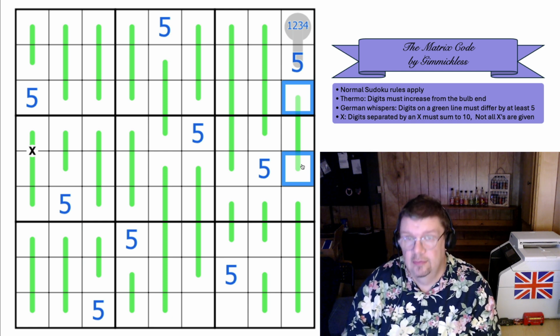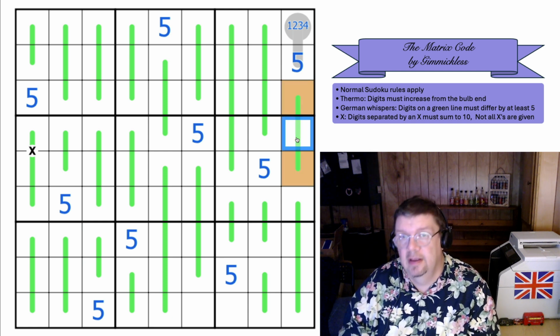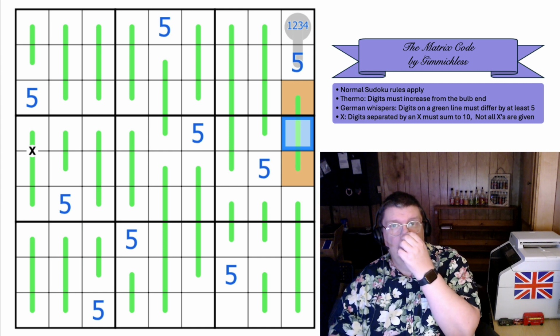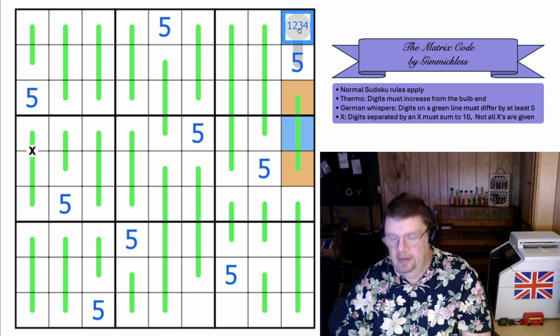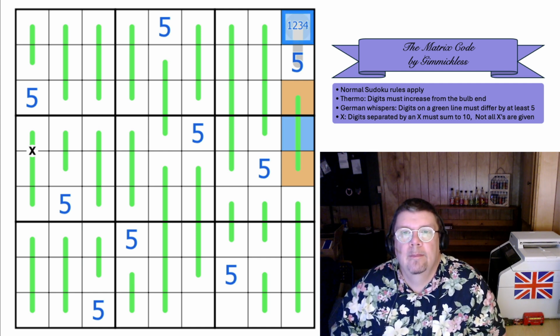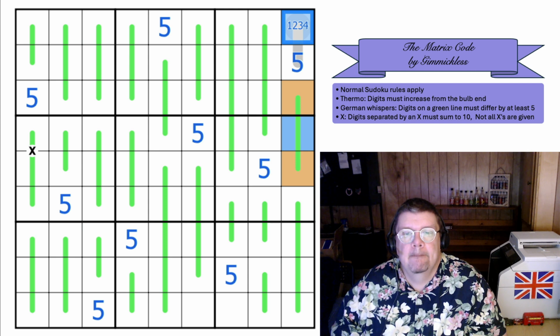and I like to use orange for high and blue for low. So we're going to make that blue. Okay.